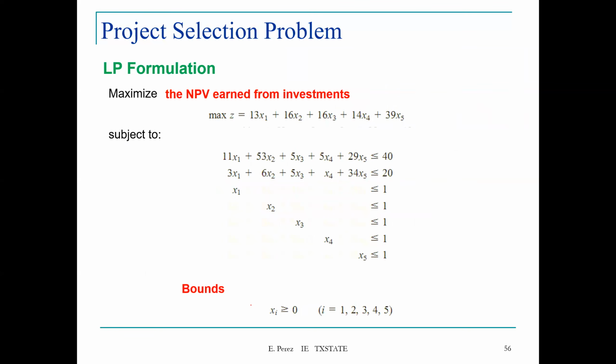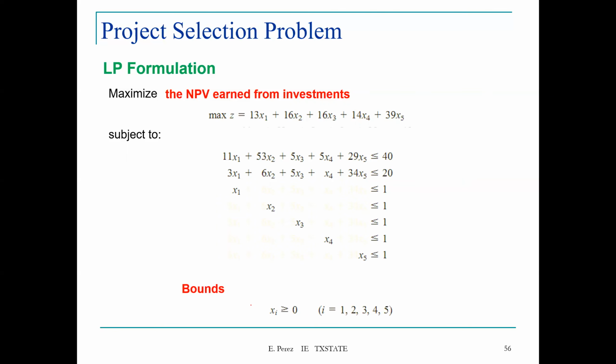So this is our formulation. We want to maximize, again, the net present value earned from the investments. So that is the maximization of Z, which equals 13x1 plus 16x2 plus 16x3 plus 14x4 plus 39x5. And then we have the constraints that we just discussed.